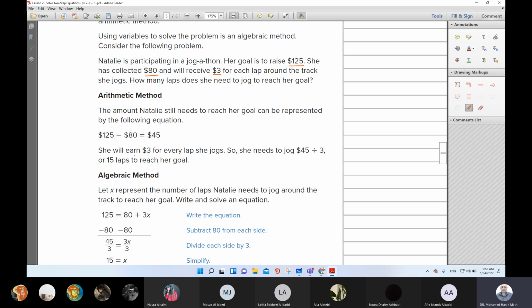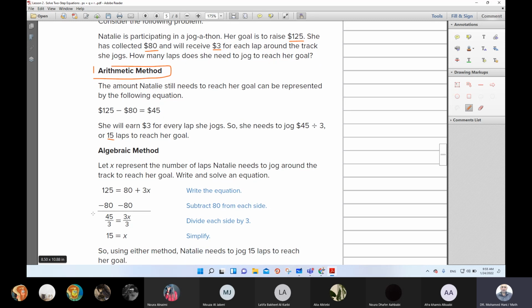She will earn $3 for every lap she jogs, so she needs to jog a total of 45 divided by 3, and the answer will be 15. 15 laps to reach her goal. This is the arithmetic method.